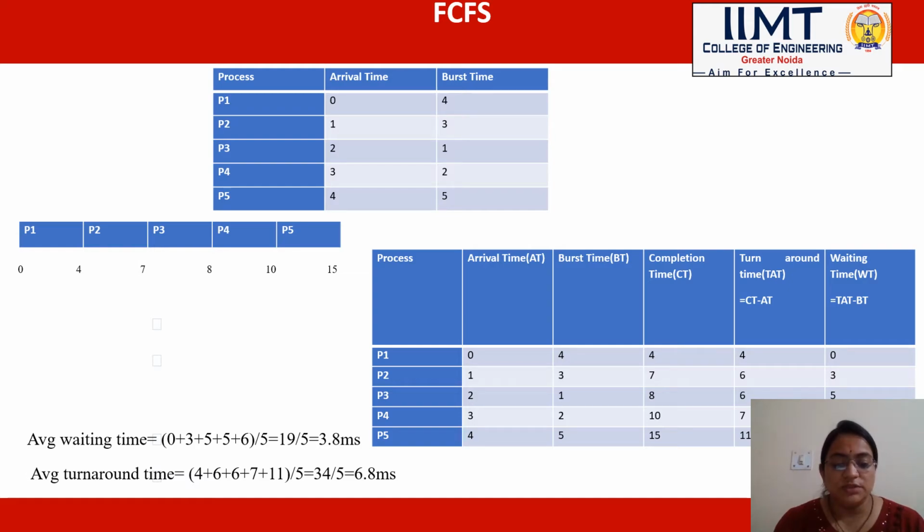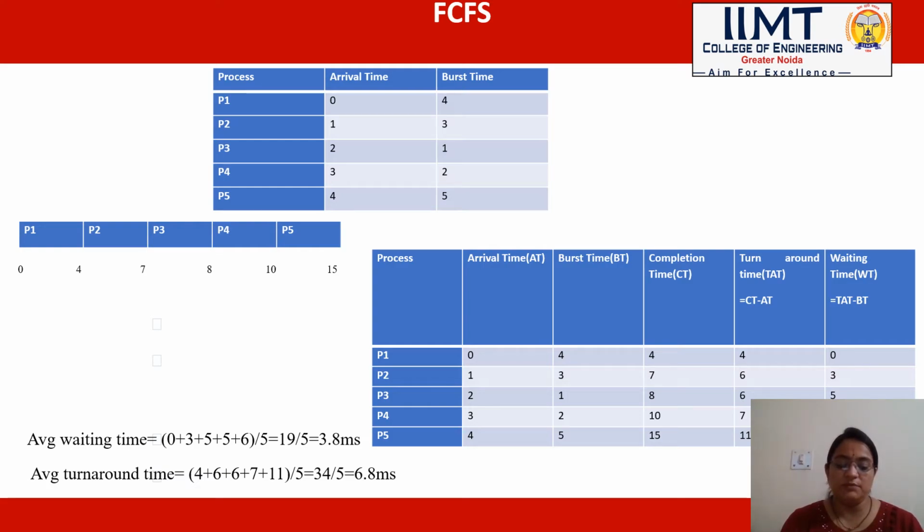As we know, CPU will be allocated to the process having the smallest arrival time in FCFS. So here process P1 has the smallest arrival time, so CPU will be allocated to P1 at time 0 millisecond. P1 has a burst time of 4 milliseconds, so control of the CPU will remain with P1 till 4 milliseconds.